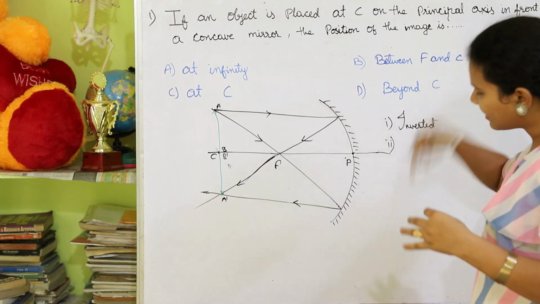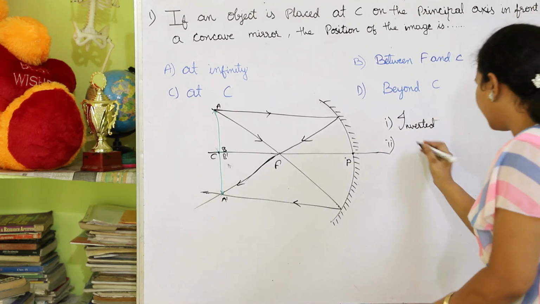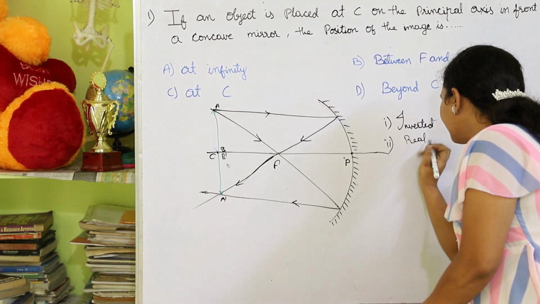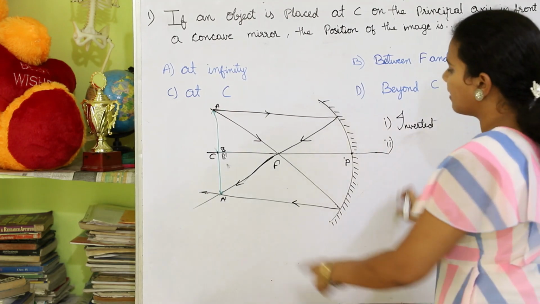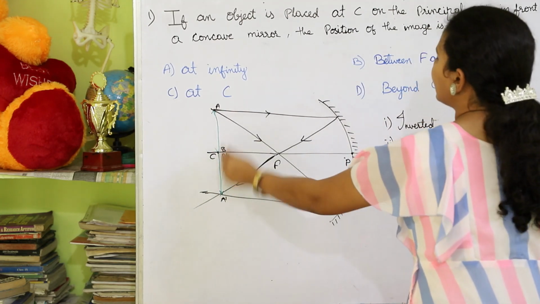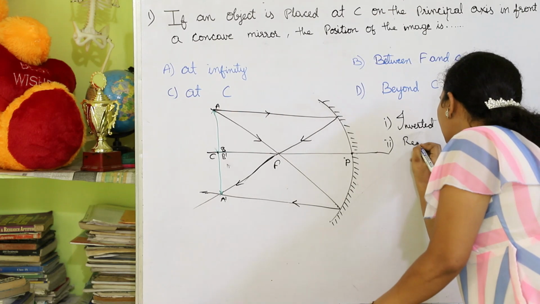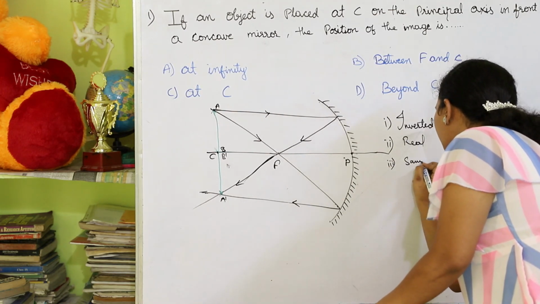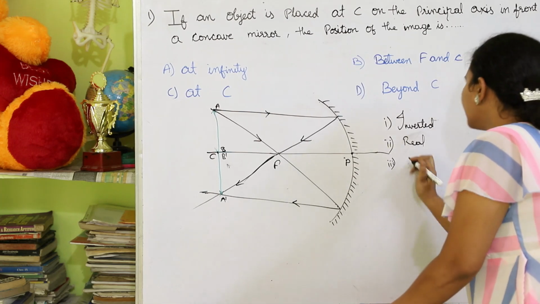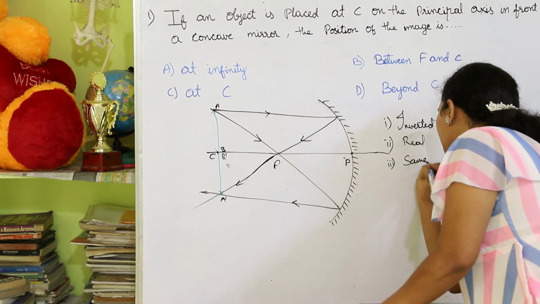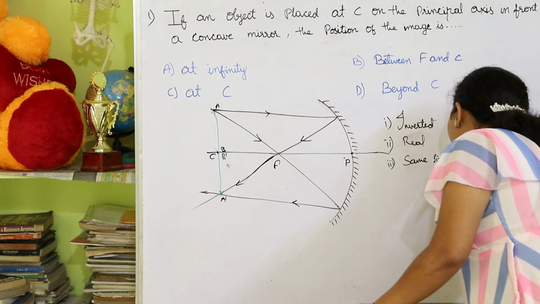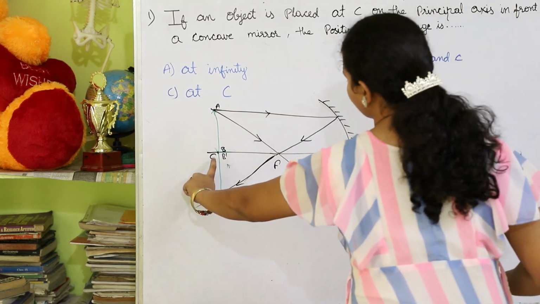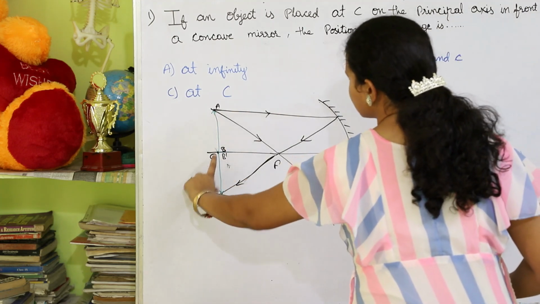So means a real image and an inverted image come together. So this image is inverted and real. And the third one is that the image and object are of the same size. Same sized one we got.